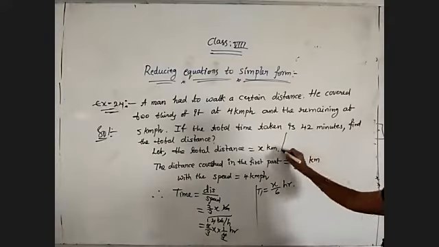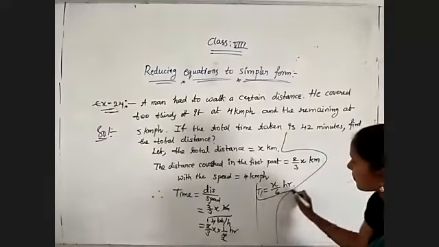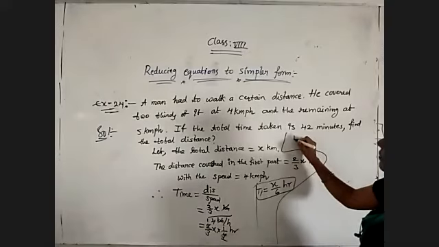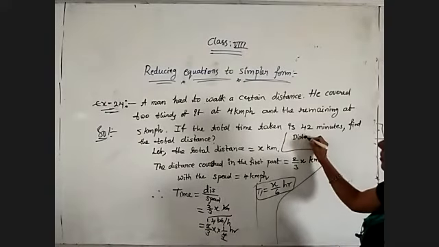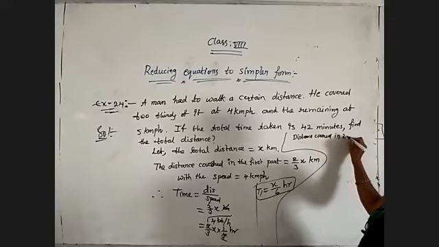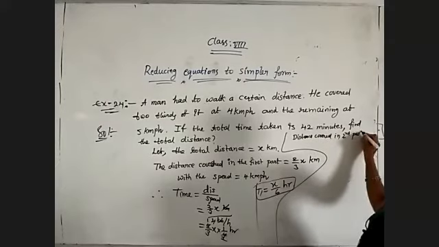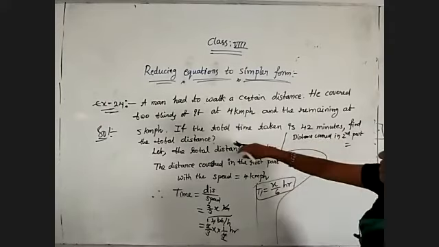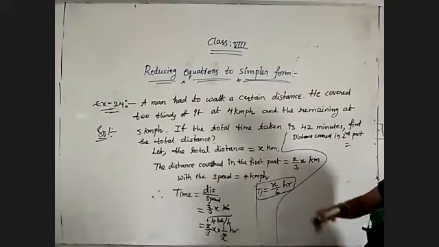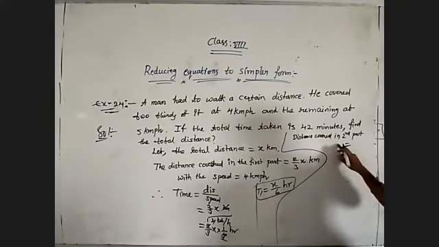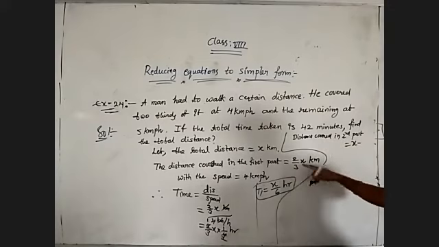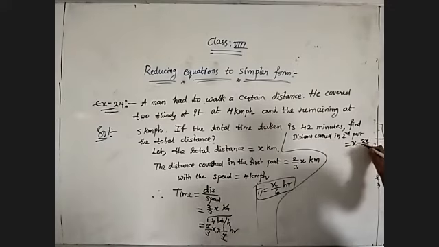Now the time taken for the second part. The distance covered in the second part is the remaining distance, at 5 kilometers per hour. Remaining in the sense, the remaining distance is the total distance minus the first distance. What is the first distance? 2x by 3 kilometers.